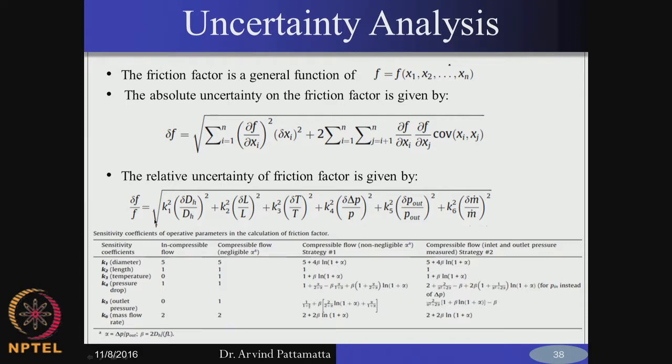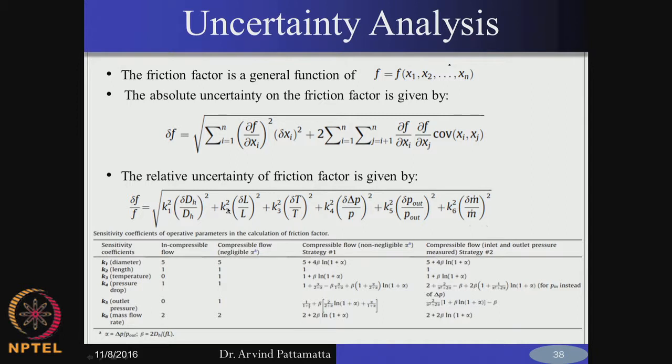That will give you the uncertainty, right. If you calculate, it will come out to be nicely a function of each parameter's uncertainty divided by the value of the parameter, squared, summed over all the parameters, and then the square root. That will give you the relative uncertainty. Okay. And you can also give a weightage by including these sensitivity coefficients if you want to give more weightage to one parameter than the other.